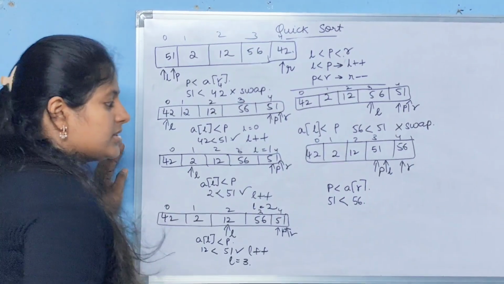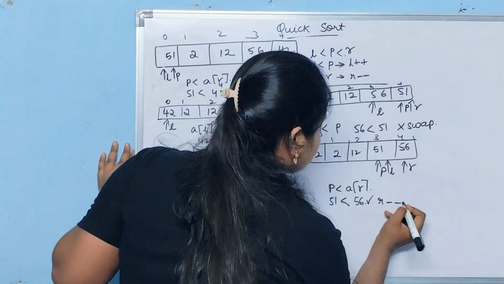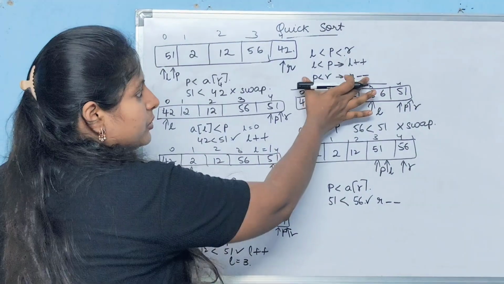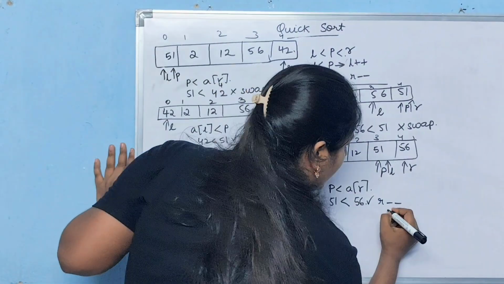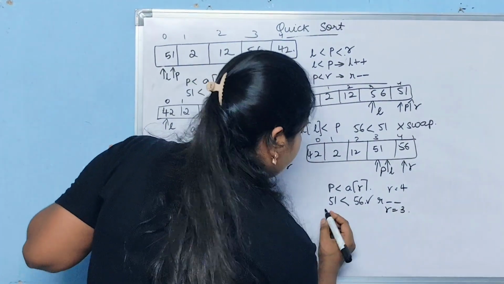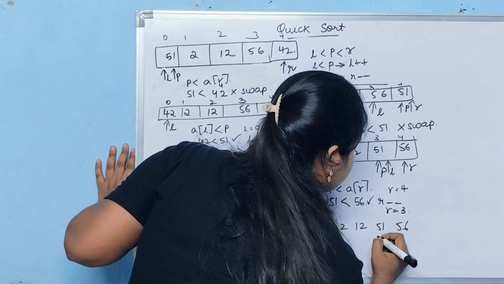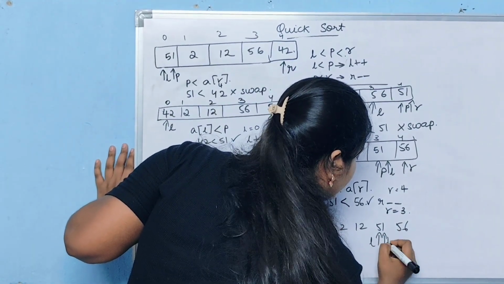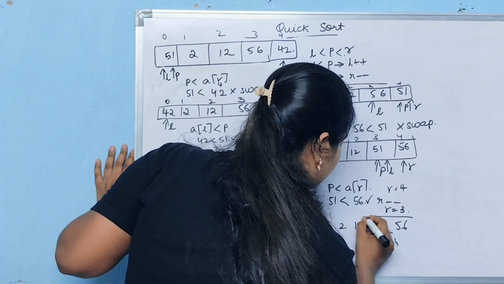So is that right? Yes, it is right. So R value gets decremented. This is what should happen now. If pivot is less than A of right, now R value should be decremented. So R was previously 4, now R became 3. 42, 2, 12, 51, 56. Left is here, pivot is here. Again, right is also here.